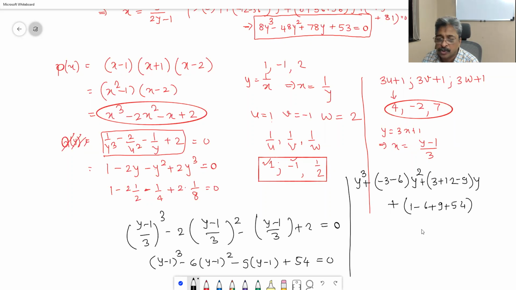Therefore, our equation q of y is equal to y cube minus 9y square. This is 15 minus 9. 6y. And how much is this? 10, that is 64 minus 6.